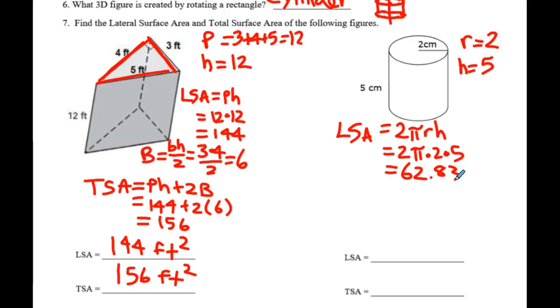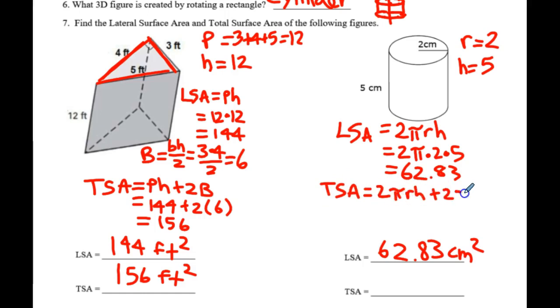That would be in units of centimeters squared, talking about area. And then TSA is 2 pi RH plus 2 pi R squared.